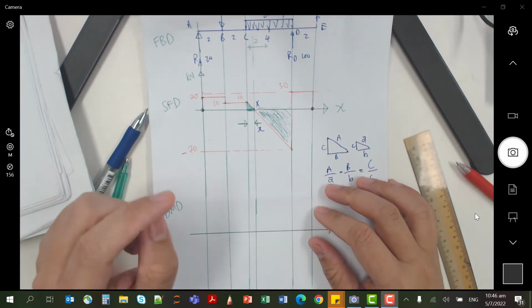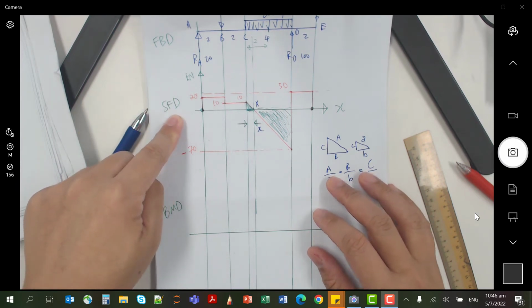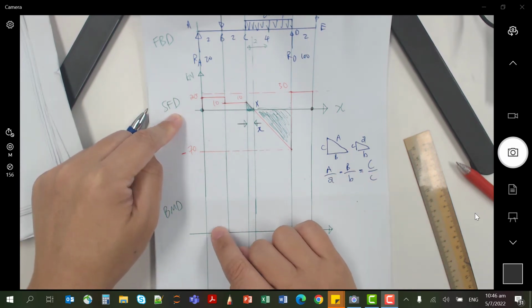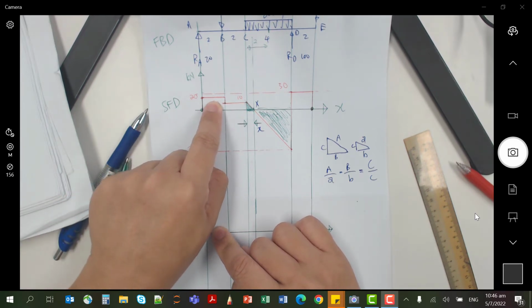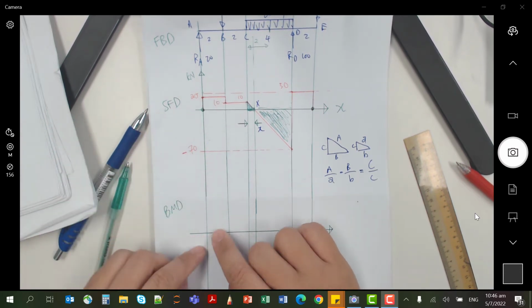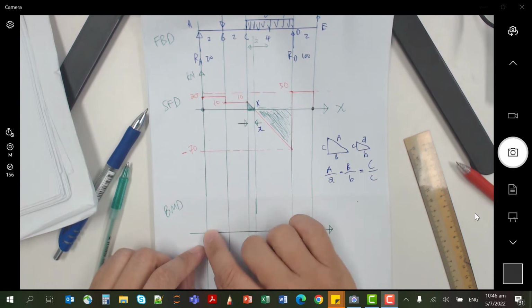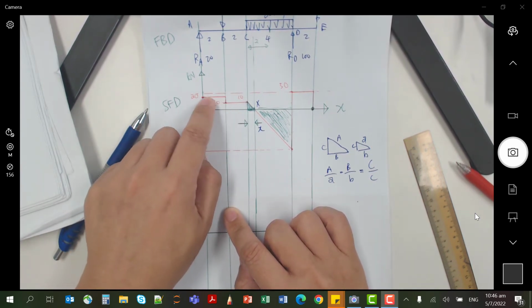So this is how you draw the bending moment diagram. You look at the shear force. The gradient of the bending moment line is the value of the shear force. Again, the gradient of the bending moment line which you're going to draw is the value of the shear force over here.